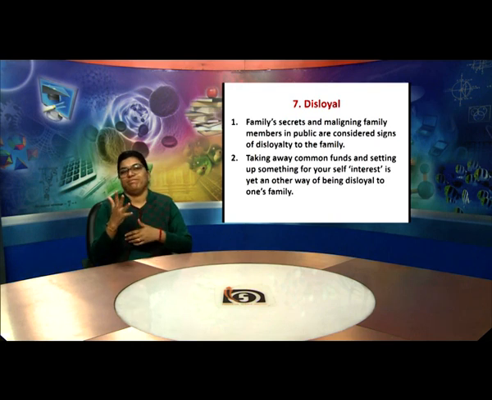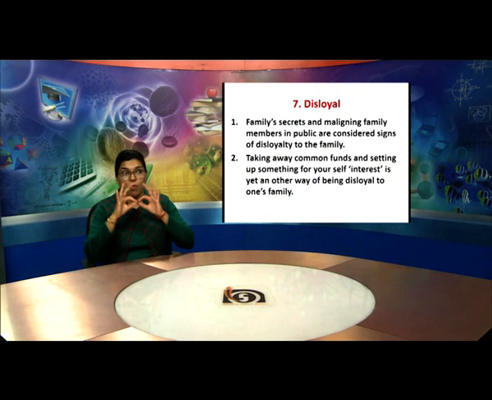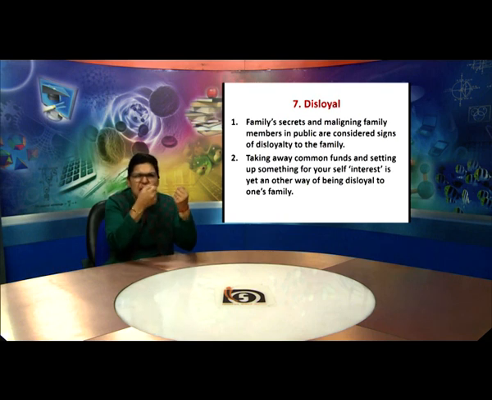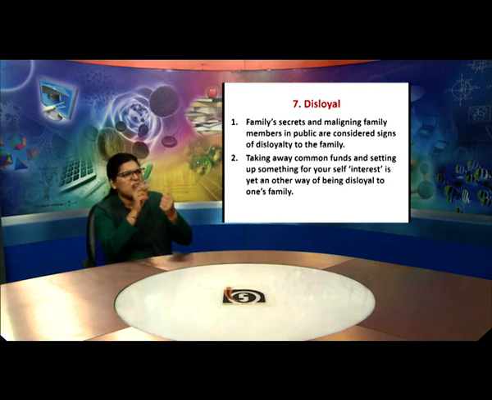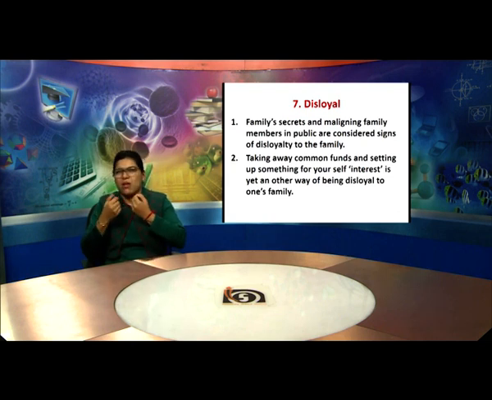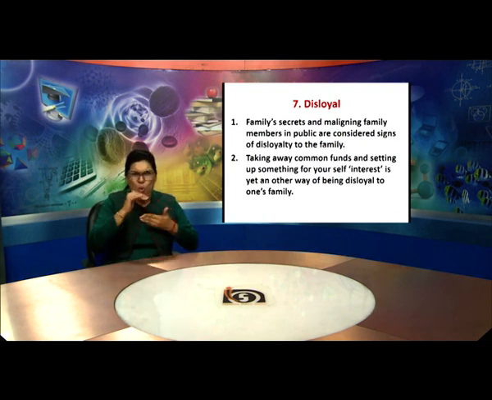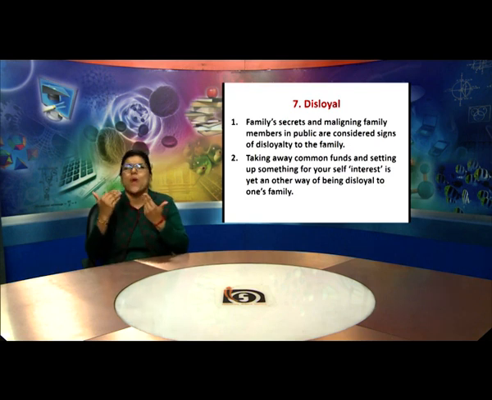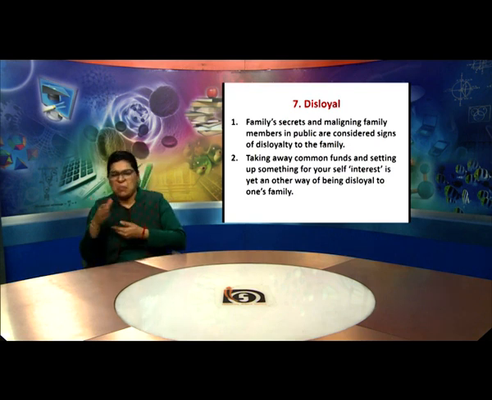The seventh point explains about disloyalty. Point 1 explains that in a family sometimes there are secrets, and if we malign our family members in public, then it is considered a sign of disloyalty to the family.